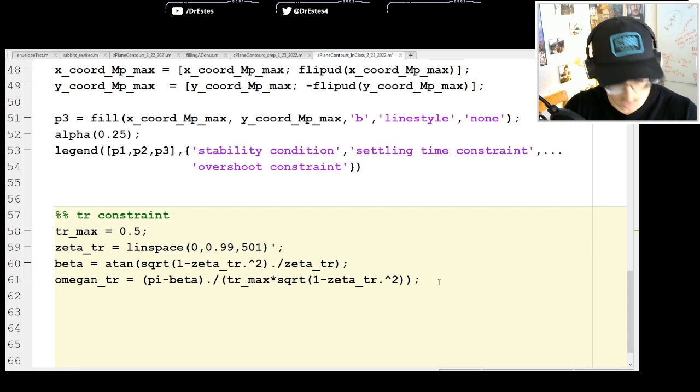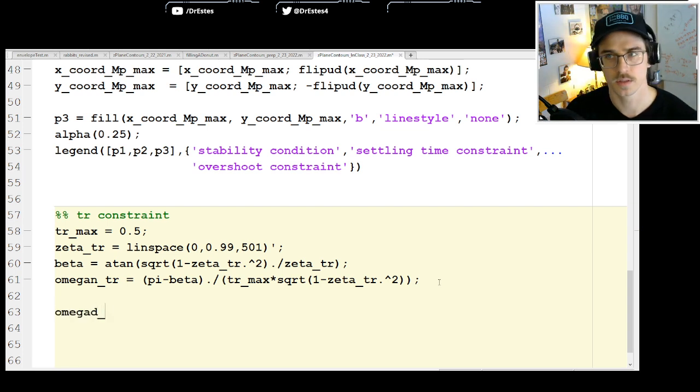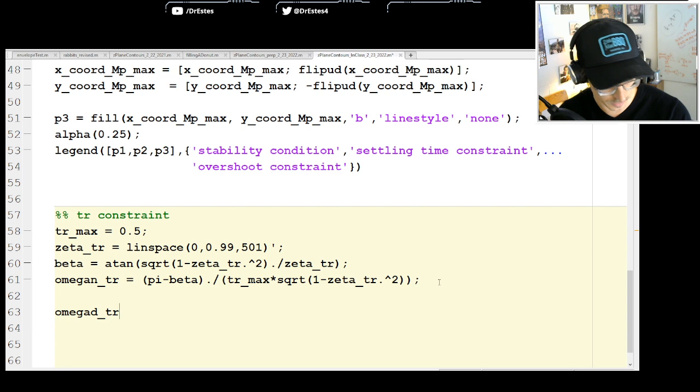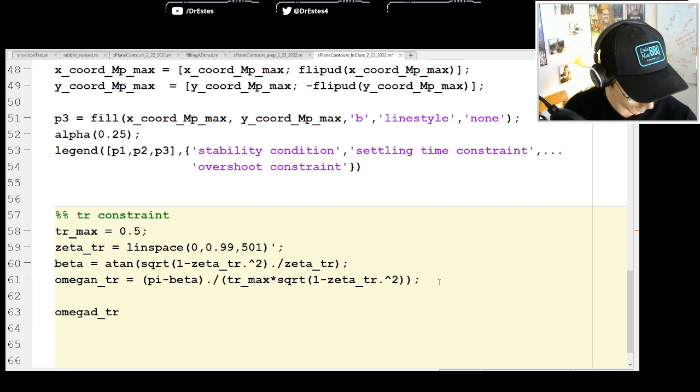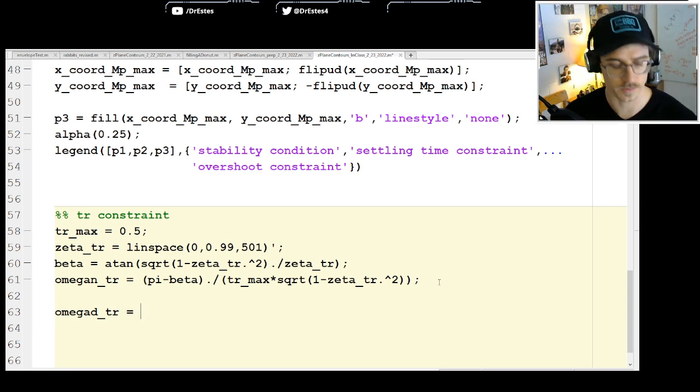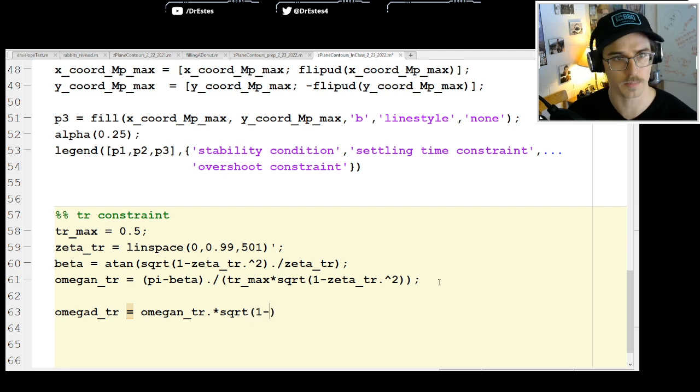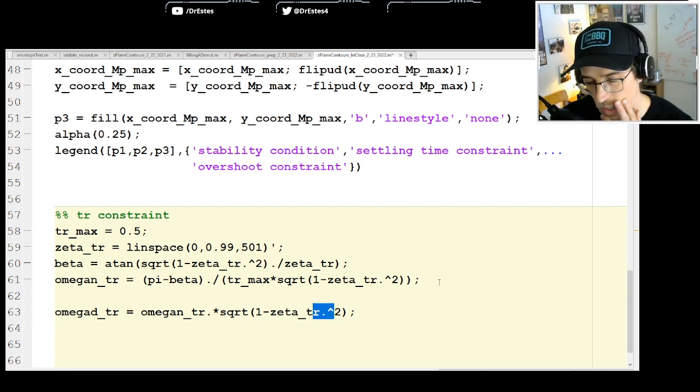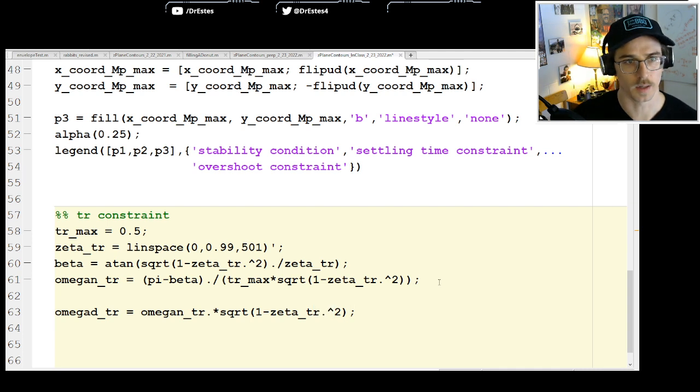All right. First, I want to get the damped natural frequency, just to make it a little easier. So that's omega n, which we just calculated, times the square root, and I'm doing dot times, of 1 minus zeta squared, and do the dot power again as well. All right, so we just have that damped natural frequency on hand.